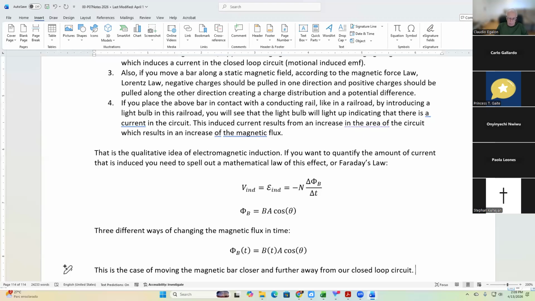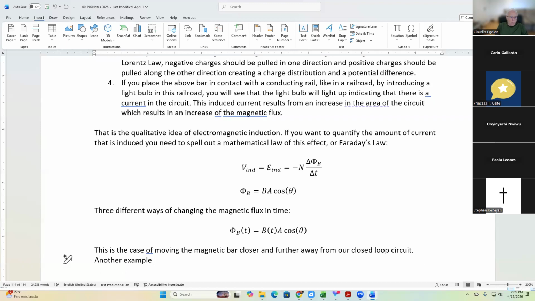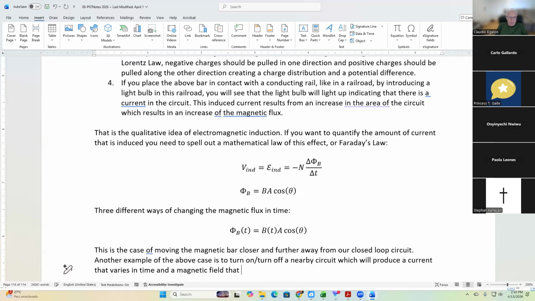Another example of the above case is to turn on or turn off a nearby circuit, which will produce a current that varies in time and a magnetic field that varies in time that is associated with this current. Okay, two different ways of varying the magnetic field.